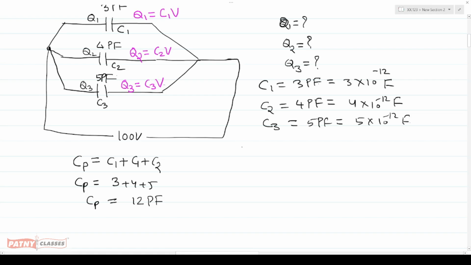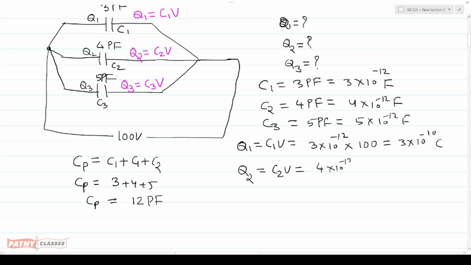Now, the charge on the first capacitor Q1 equals C1 into V. What is C1? C1 is 3 picofarad, that is 3 into 10 raised to minus 12 farad, and the applied potential is 100. So this equals 3 into 10 raised to minus 10 coulombs. Similarly, the charge on the second capacitor Q2 equals C2 into V. C2 is 4 into 10 raised to minus 12 farad, and the applied potential is 100.